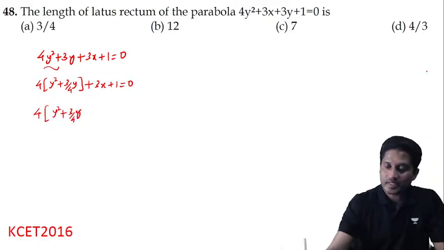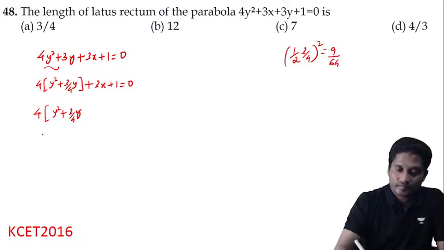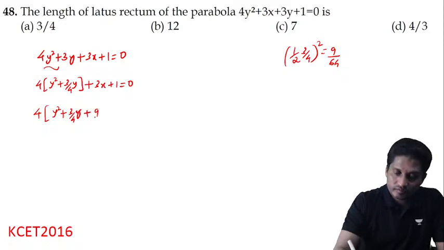Completing the square: add and subtract half of the coefficient of y, the whole square. This is 9 by 64. I'll add 9 by 64 and subtract 9 by 64, plus 3x plus 1 equal to 0.